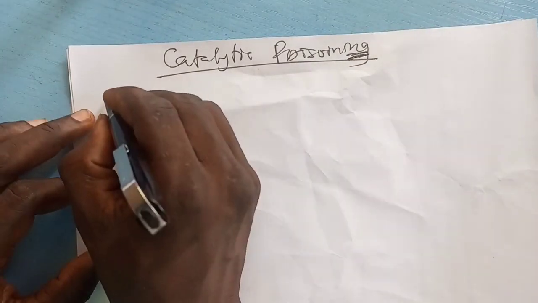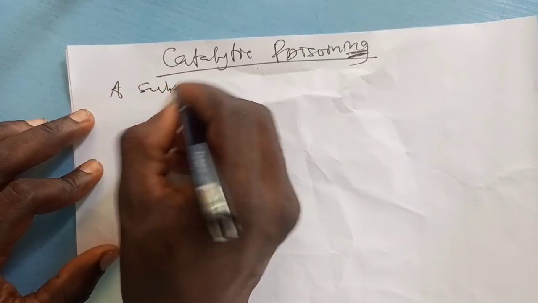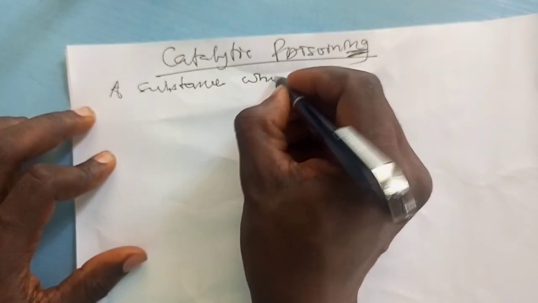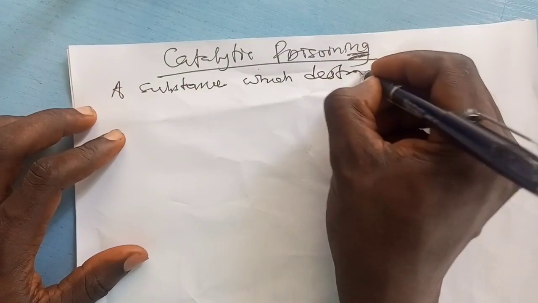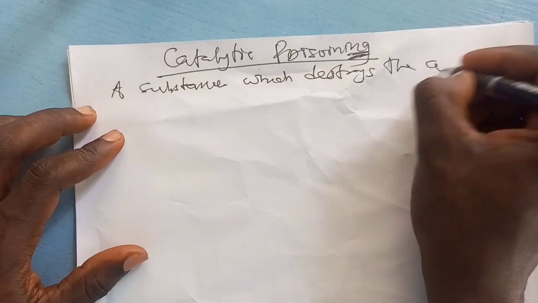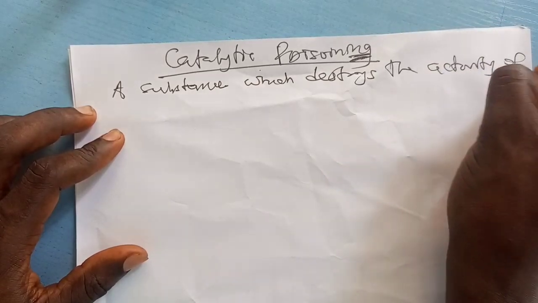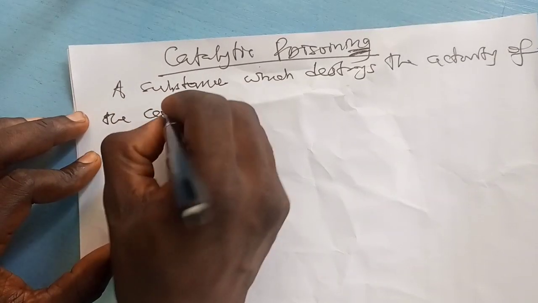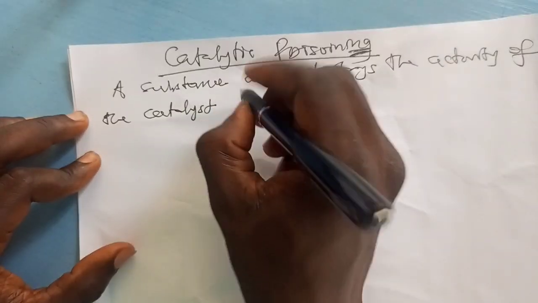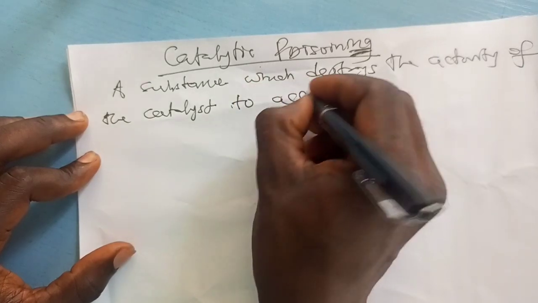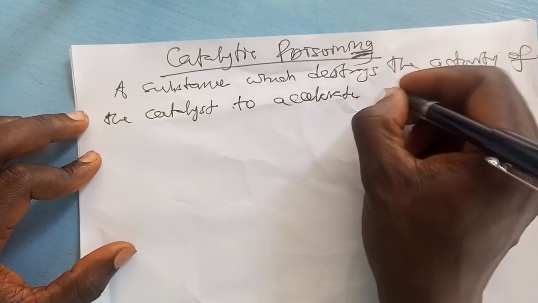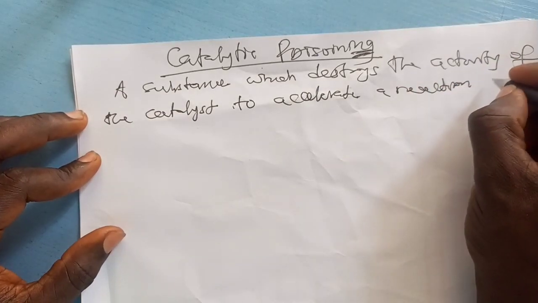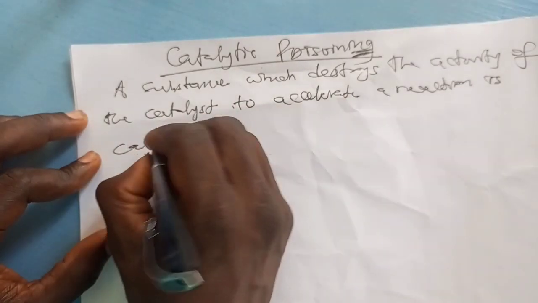Meanwhile, a substance which destroys the activity of the catalyst to accelerate a reaction, that substance is called what?